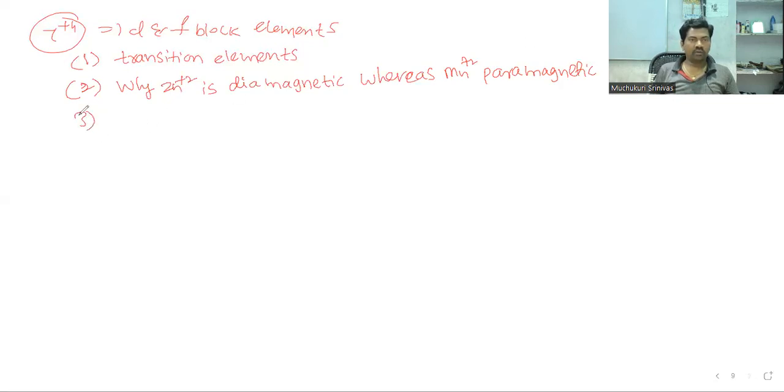Then the next third one, aqueous copper plus 2 is blue in color, whereas aqueous Zn plus 2 ions are colorless. Why?